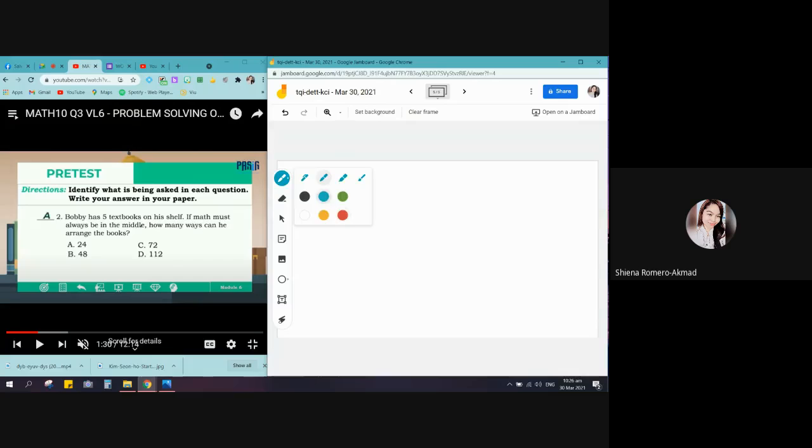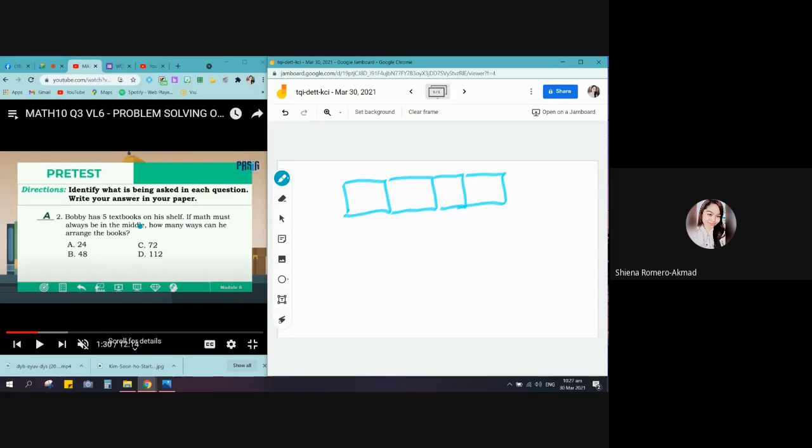So if we use the box method, of course, you're not yet familiar with the box method. Yung box method po ay you're going to draw a box for each position.